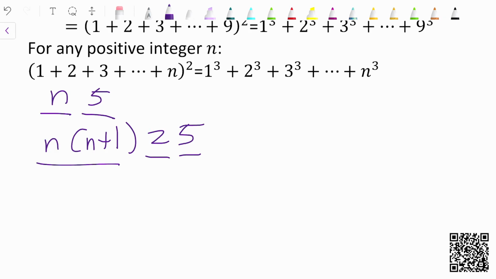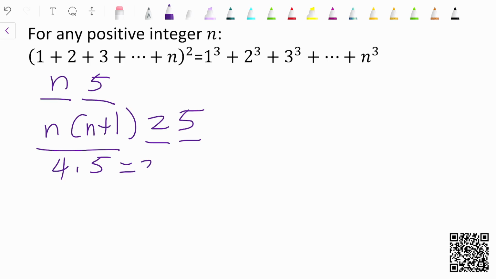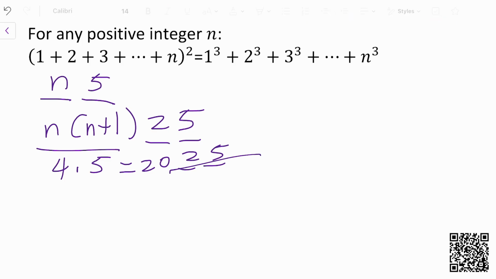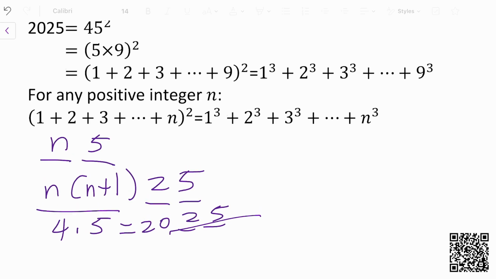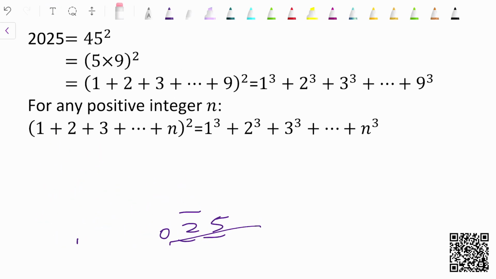Not multiplication, just digits. So in our case, it's 45, so put a 4 in n's place, and we have 4 multiplied by 5, which is 20. Then you just pop a 25 onto the end, and we get the year that we are currently living in, 2025. Whoop-de-doo.